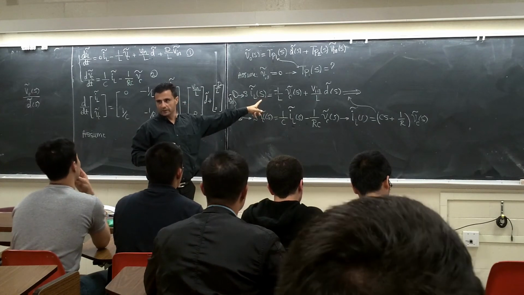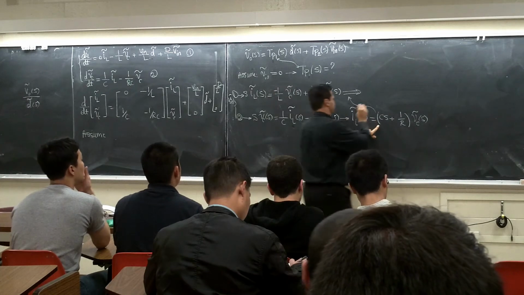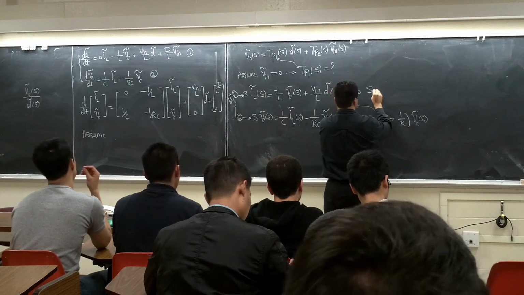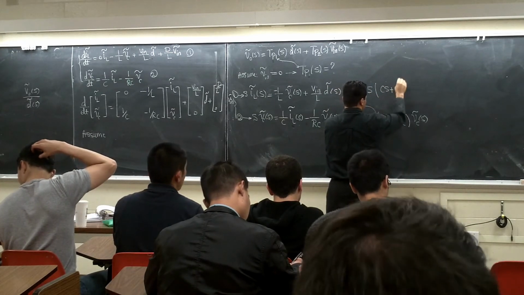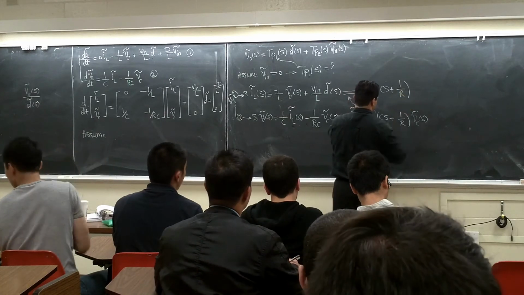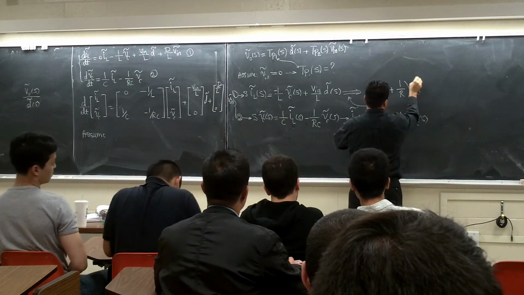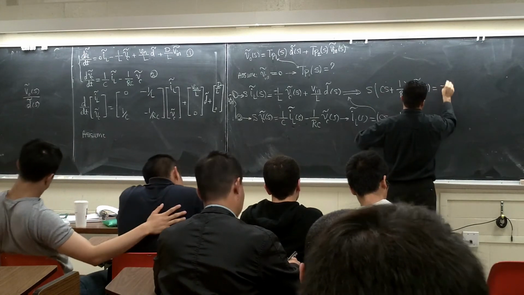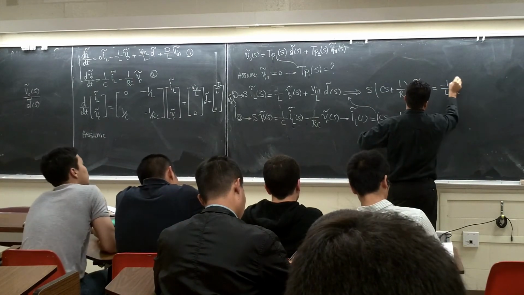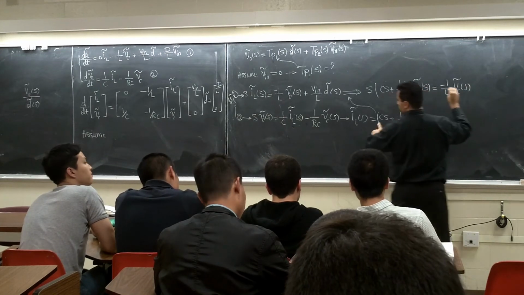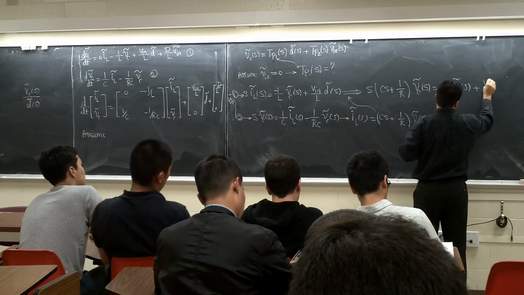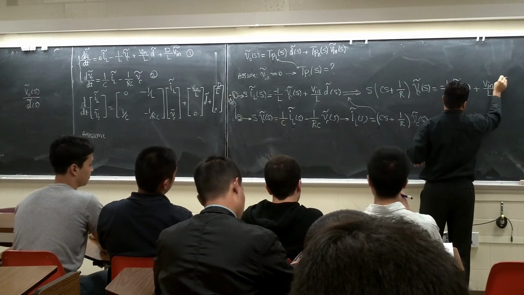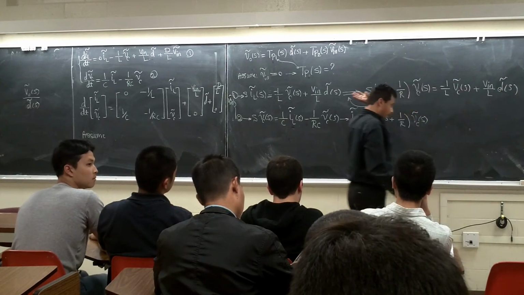So I'm going to replace iL with whatever I have over there. s iL(s) is going to be s times (Cs plus 1 over R) vC tilde(s), equal to minus 1 over L vC tilde(s) plus Vin over L d tilde, right?